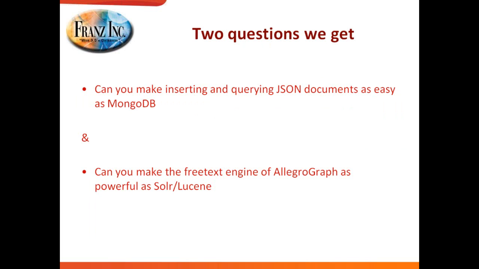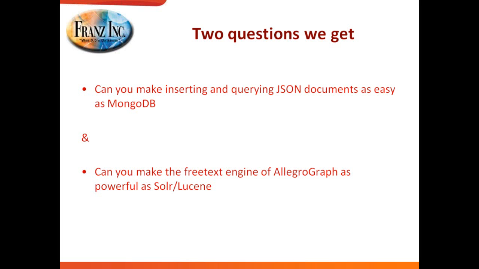And so we have a long list of customers that play with AllegroGraph, and so we also get questions all the time. And there were two questions that really stood out. One is, can you make inserting and querying JSON documents as easy as MongoDB? Because a lot of people that need a flexible database kind of have a choice.